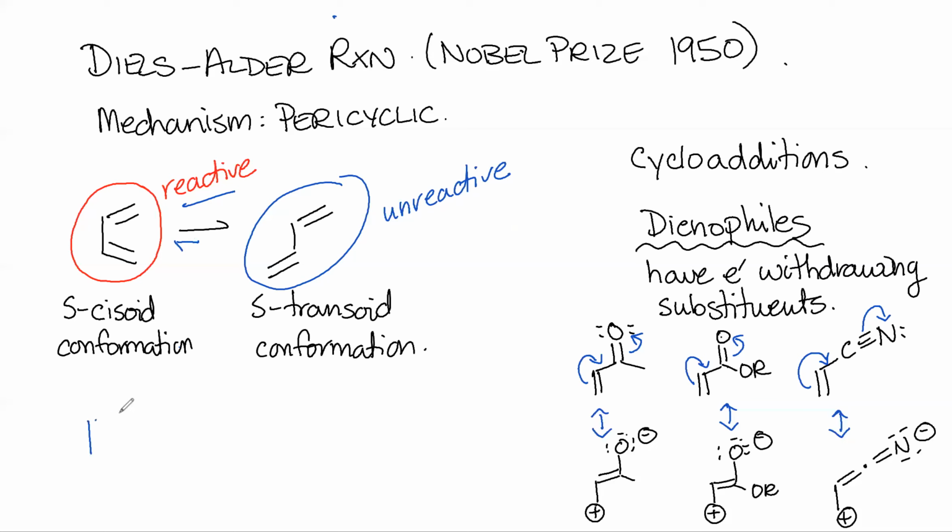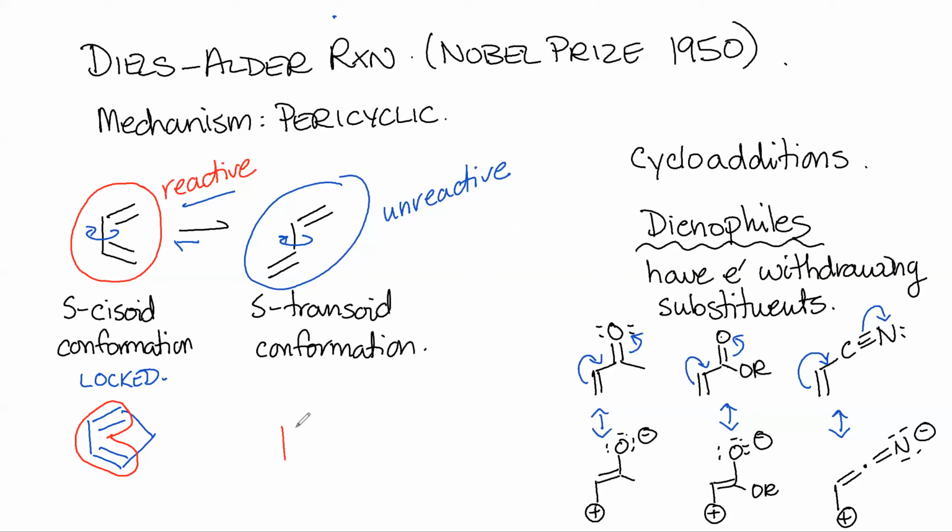So something like this. This is one of the best dienes ever because there is no rotation around this bond. What we're doing here is rotating this bond to go between the two different conformations. But in this case, this one's locked in the reactive conformation. So it is permanently in the cis conformation. In other dienes, they will never get into the right conformation.